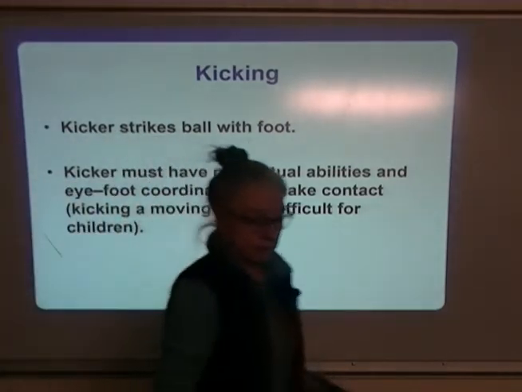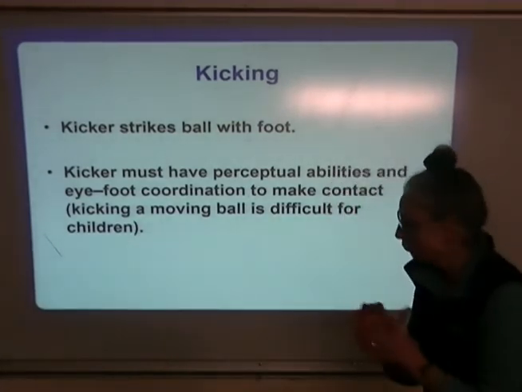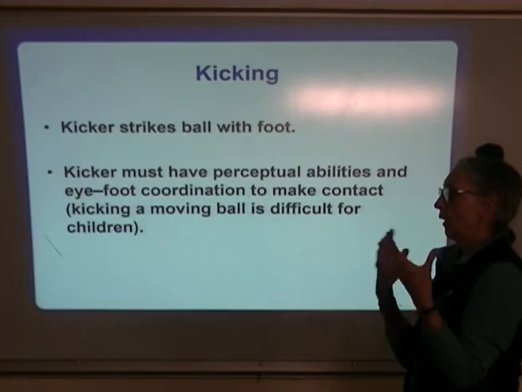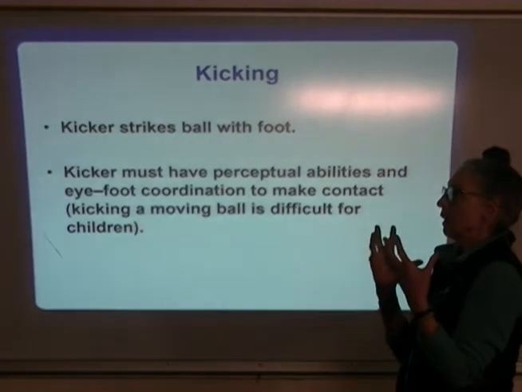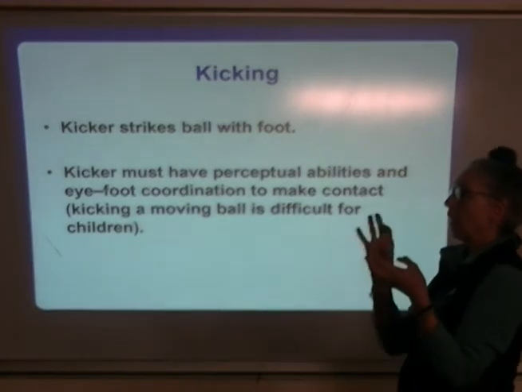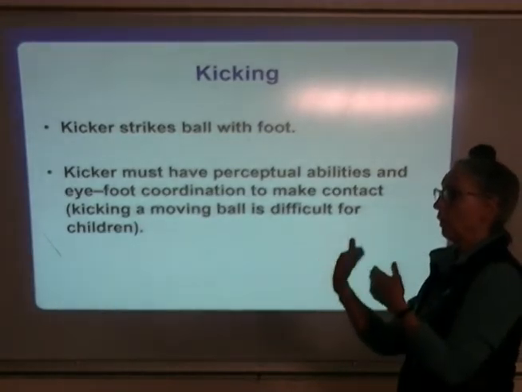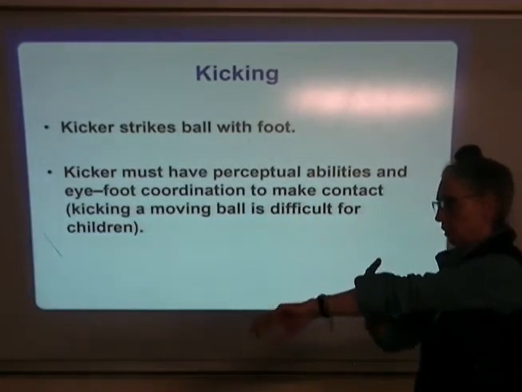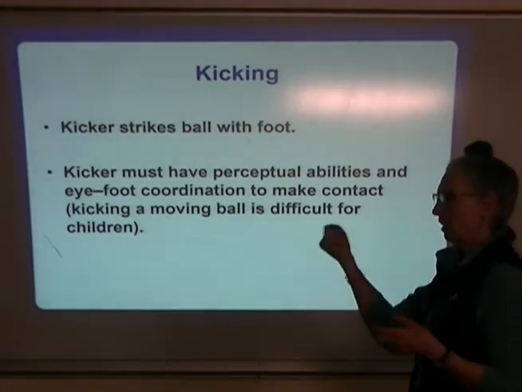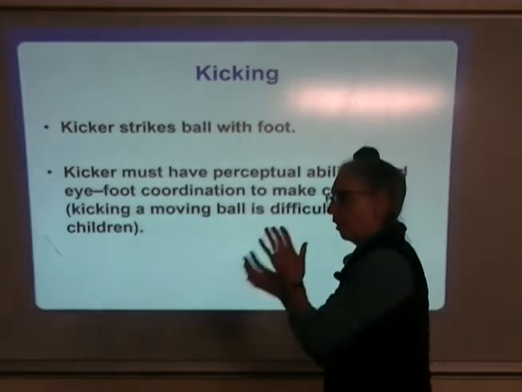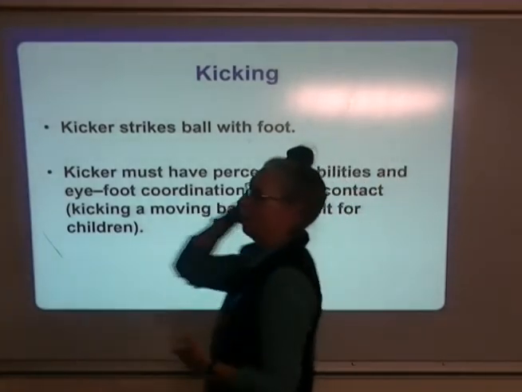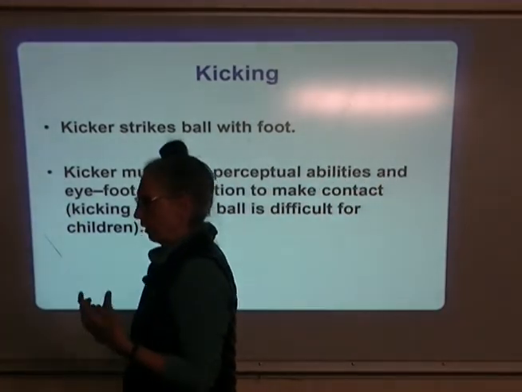Okay, so on to kicking. Kicking's interesting, right? In throwing, one of the things that makes throwing a relatively early skill that we observe in children, if we provide them the opportunity, is that I'm in charge of the equipment, right? I've got the ball in my hand, and I get to throw it when I want to throw it, right?